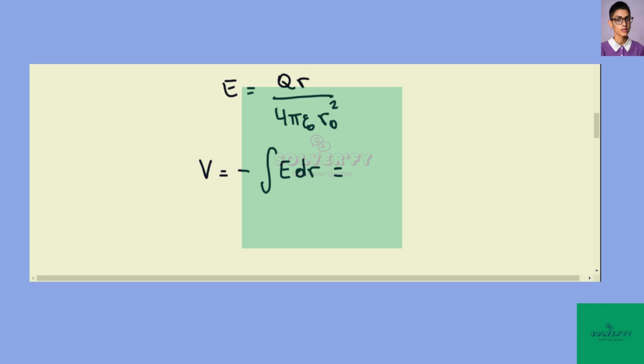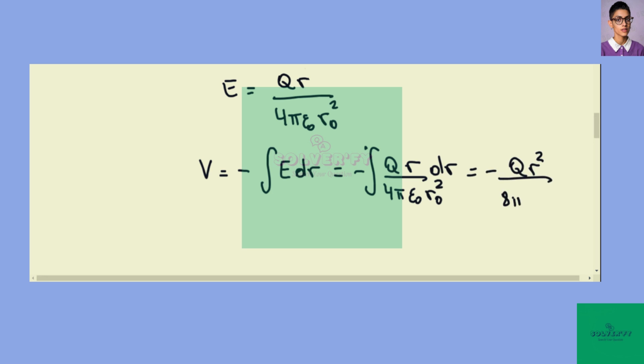So V is equal to minus the integral of Q r over 4 pi epsilon 0 r0 cubed dr. So this is minus Q r squared over 8 pi epsilon 0 r0 cubed. Okay, there is a plus a certain constant here. I'm going to call it k.